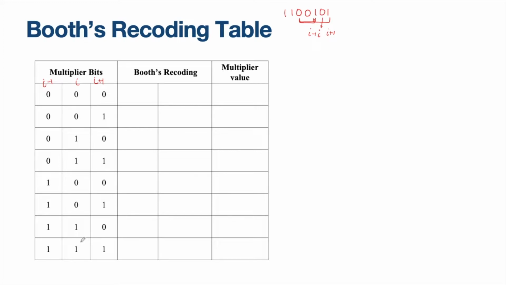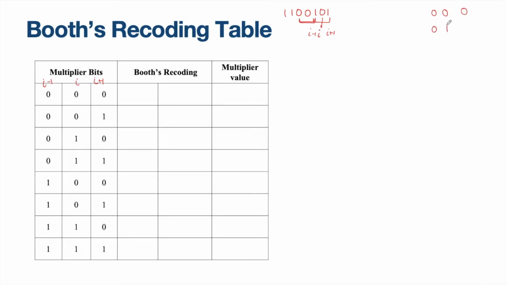So the first step we have to do is consider this bit as the ith bit, one after that and one before that we have considered. What we have to do is check the transition from one bit to the other and recode the value. This is a simple Booth recoding procedure. In order to do that, we have to remember: whenever there is a transition from 0 to 0, the recoded value will be 0.